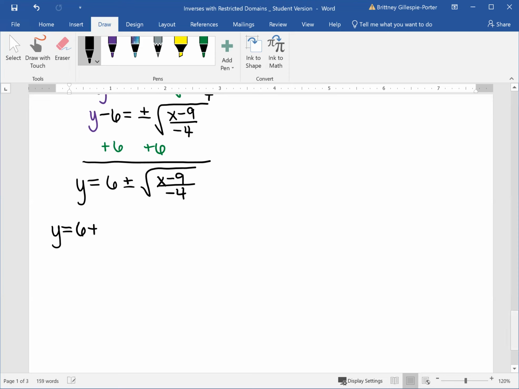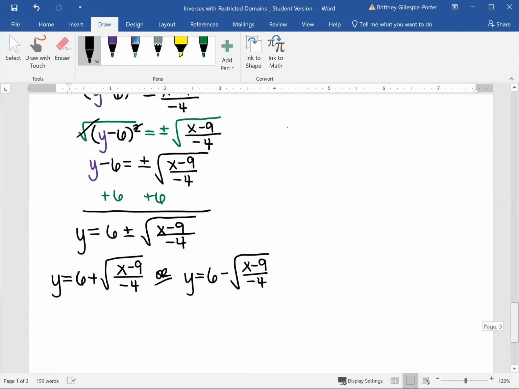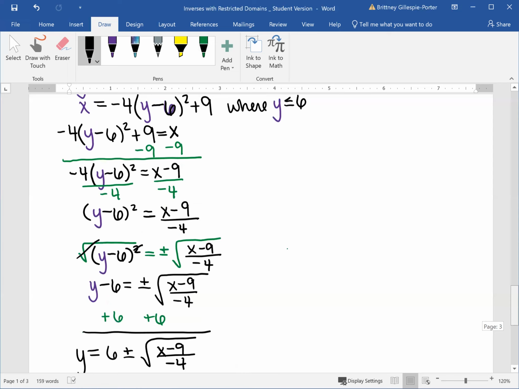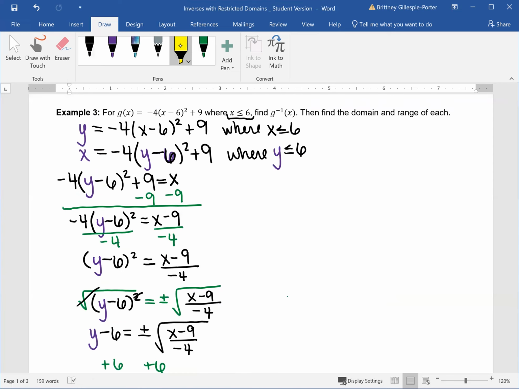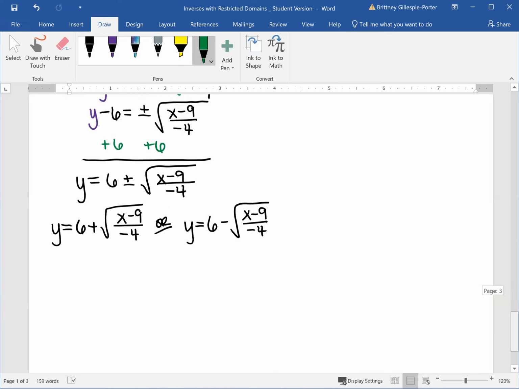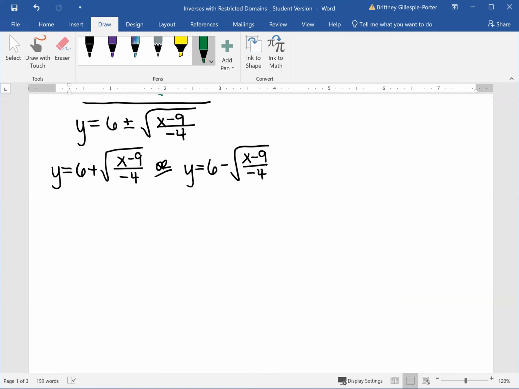We have 6 plus the square root of (x minus 9) all over -4, or we have 6 minus the square root of (x minus 9) all over -4. And you may be thinking to yourself, which one do we need? Well, if we come back up, we said that y has to be less than or equal to 6. So we're going to use that to our advantage here to make our decision.